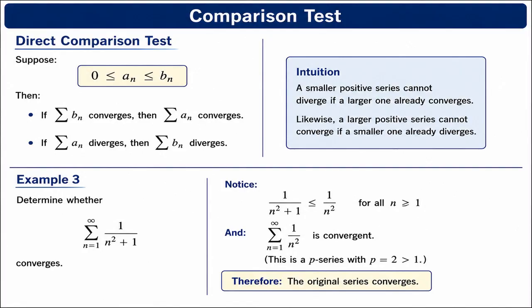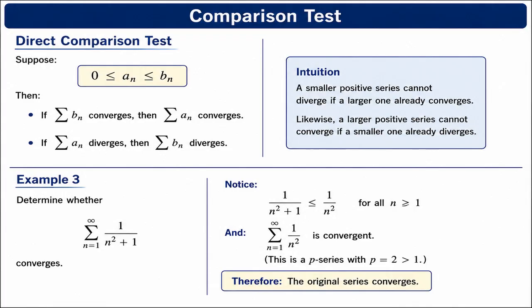Now we study the comparison test. The idea is simple. We compare a difficult series with another series whose behavior we already know. This test is especially useful for positive term series and rational expressions.